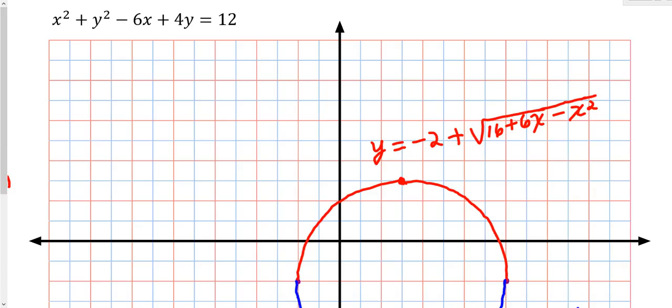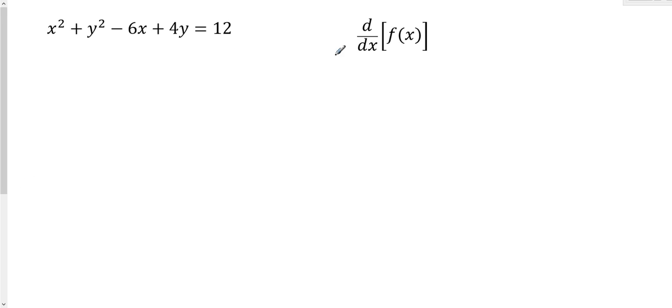So what we're going to do is, when we take a look at this notation, the Leibniz notation, I'm taking the derivative with respect to x. That's what this variable here tells us. This tells us the independent variable. And here, I'm being told that I'm taking the derivative with respect to x of whatever function is there.